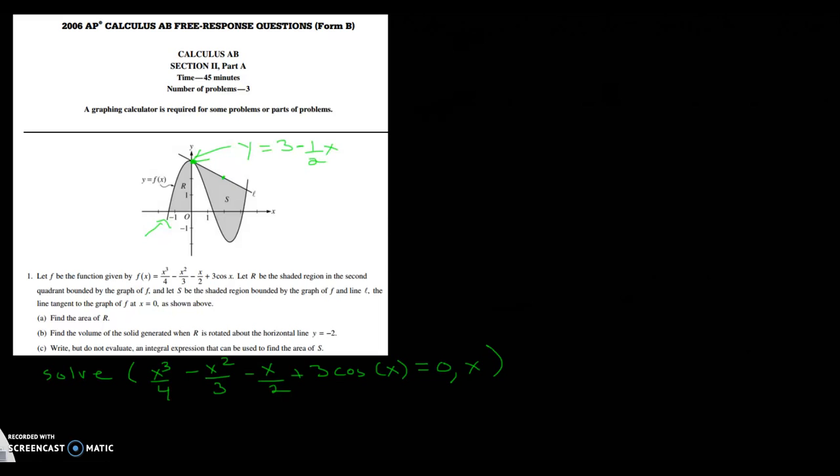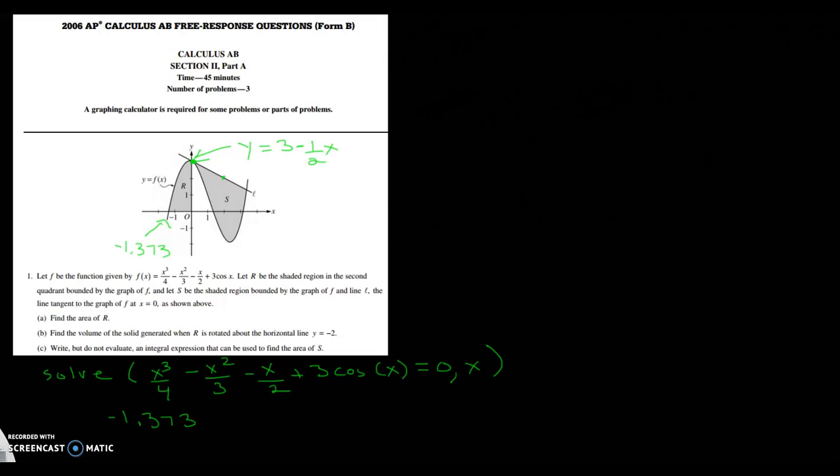It's going to give you a bunch of different values, but the one that you really want is negative 1.373. It also gives you another value for the positive side, 1.373.